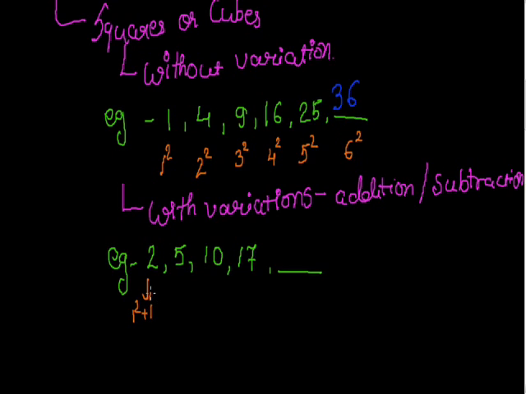This 5 can be written as square of 2 plus 1. 10 can be written as square of 3, that is 9 plus 1. Again this 17 is written as square of 4 plus 1. So our next number should be square of 5 plus 1, that is 25 plus 1 which is 26.